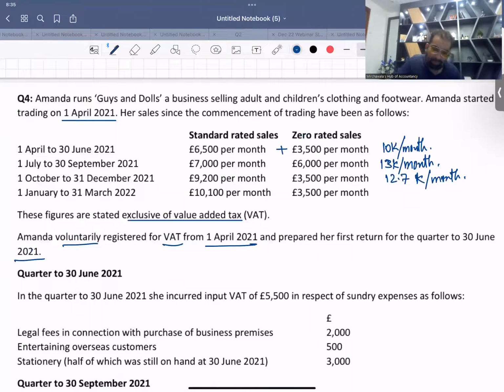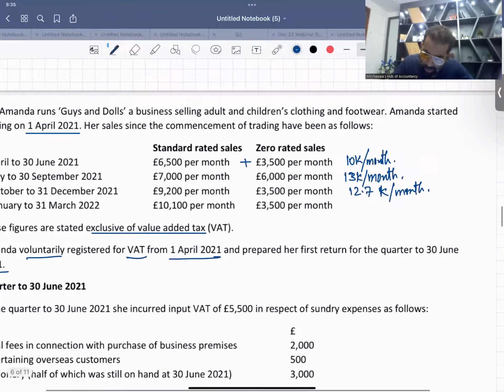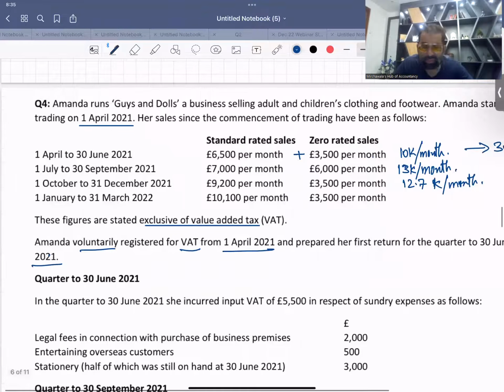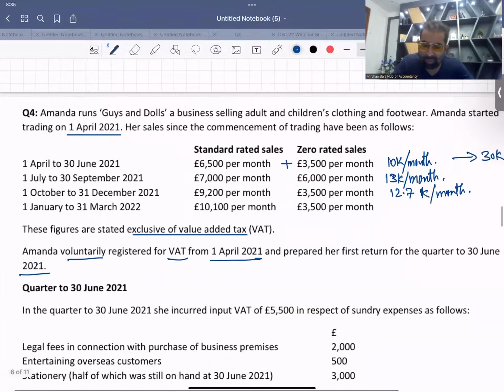Now tell me, in April, May and June, the taxable sale is 10K per month. So 10 multiplied by 3, in these 3 months, is 30K. Now, the limit is 85,000.